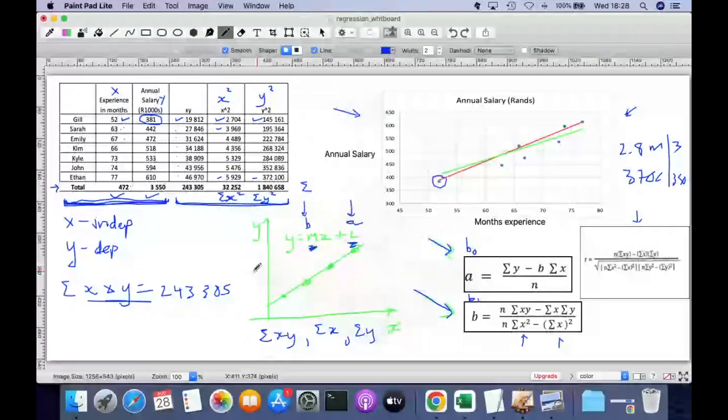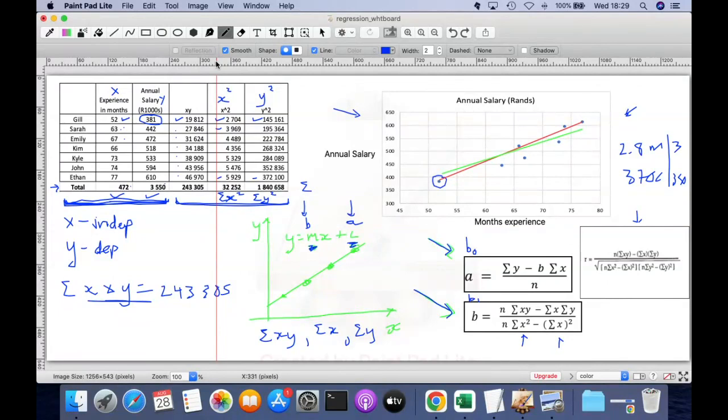Now we're going to do it with your calculator, using the regression function. Everyone have your calculator with you? Switch it on. To use the regression function, you press mode and choose the option stats.